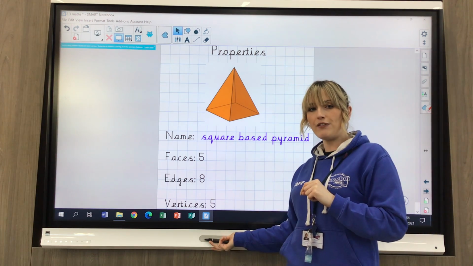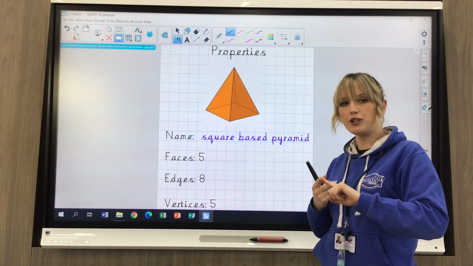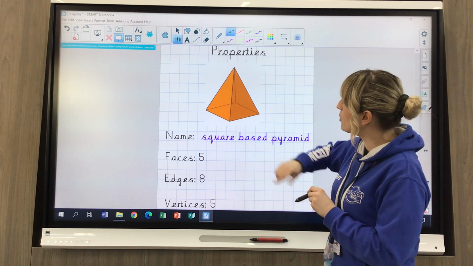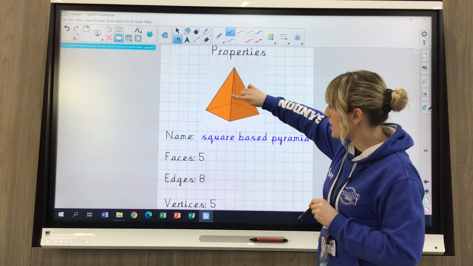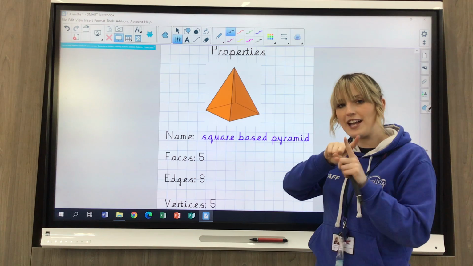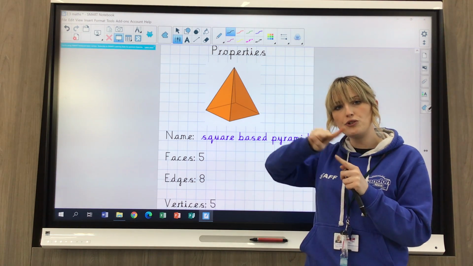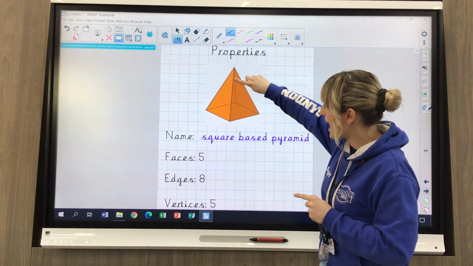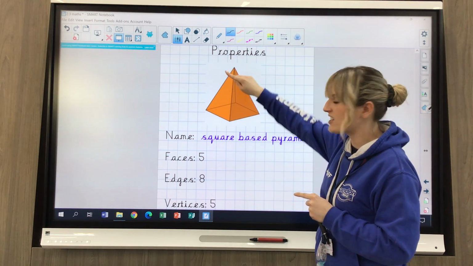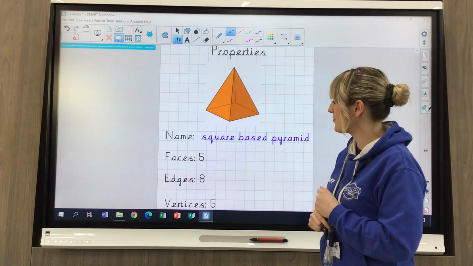Okay, now with 3D shapes we don't call them the sides, we call them edges. So here where the lines are, the edges. And if we had a 3D shape in person, you can run your finger along the edges. So the edges are a bit like the sides, okay?